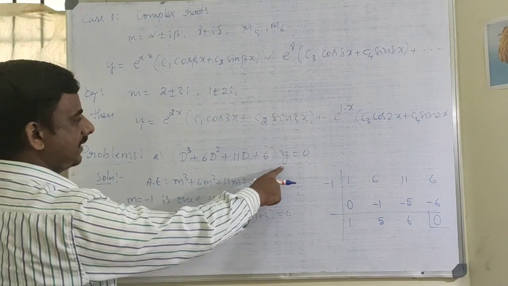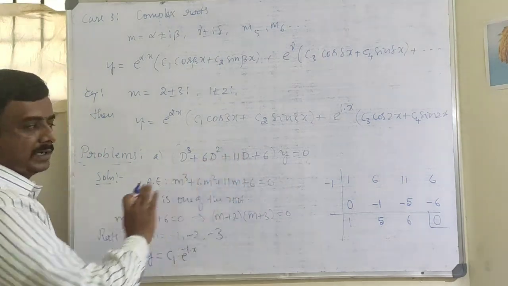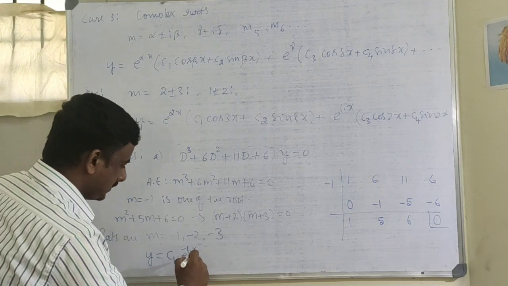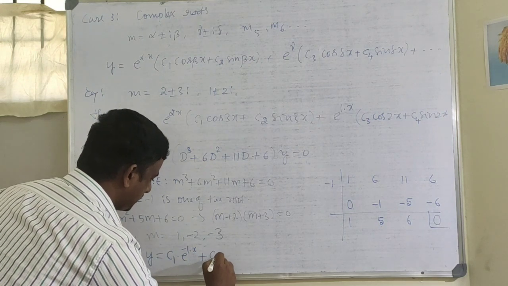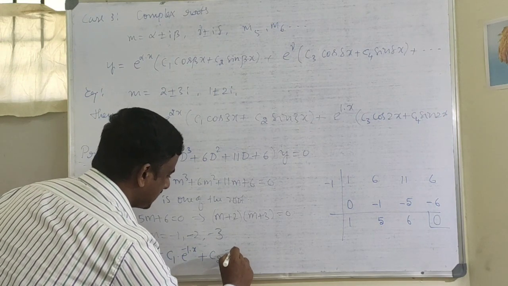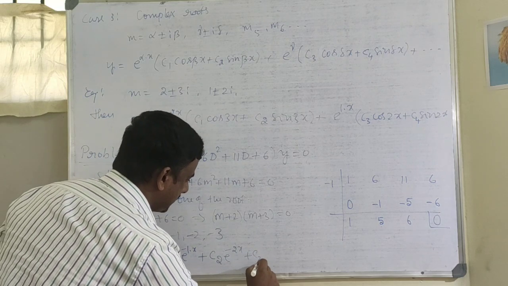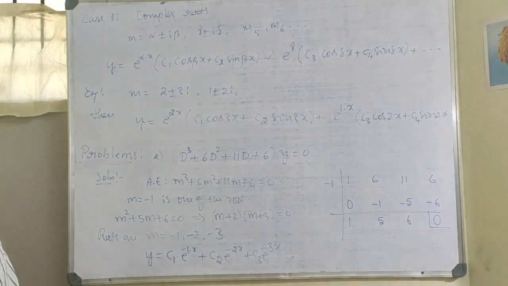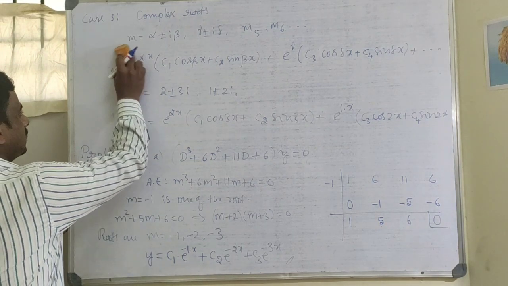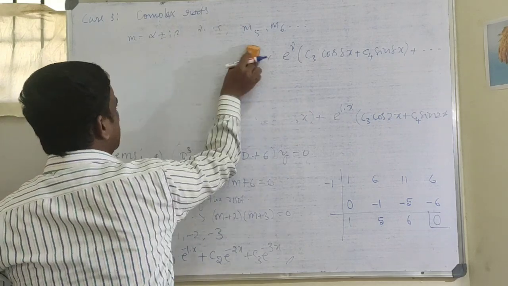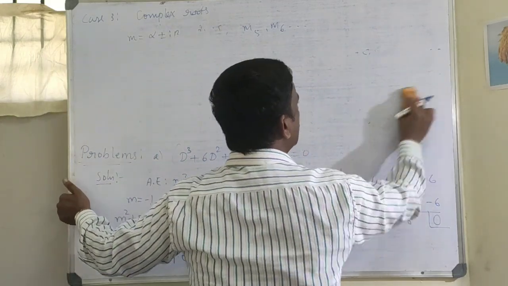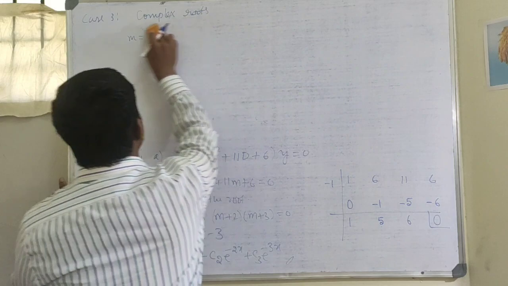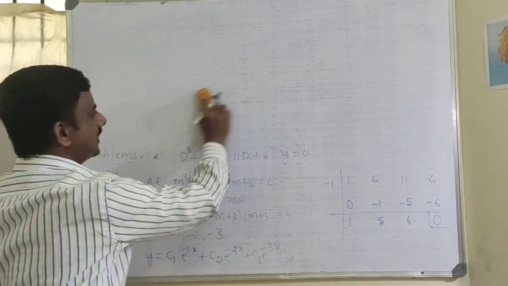Here the dependent variable is y and the independent variable is x, plus c2 e power minus 2 into x plus c3 e power minus 3 into x. So that is the solution of the given differential equation. So we have solved one problem on homogeneous linear differential equation. So let us consider one more.